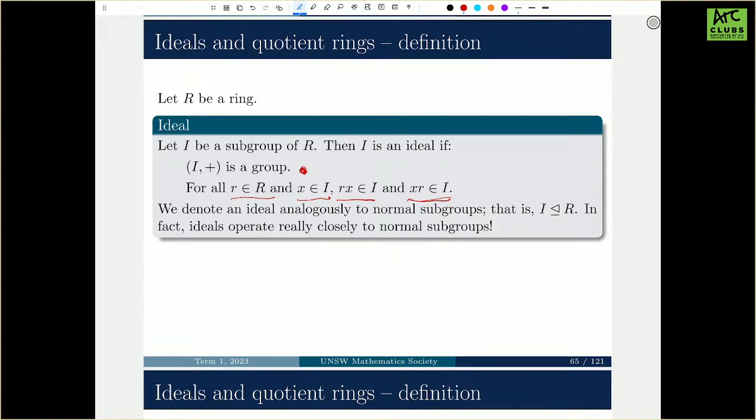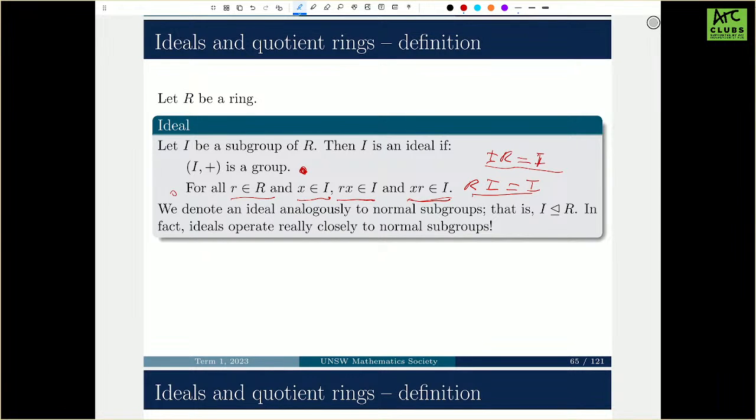We can also denote this as RI has to be a subset of I, and IR has to be a subset of I. Alternatively, you can write these two things as just having to be equal, because we know that 1 is in R, so we can always get an element of I just by multiplying by 1. So yeah, we can have these two conditions as well.